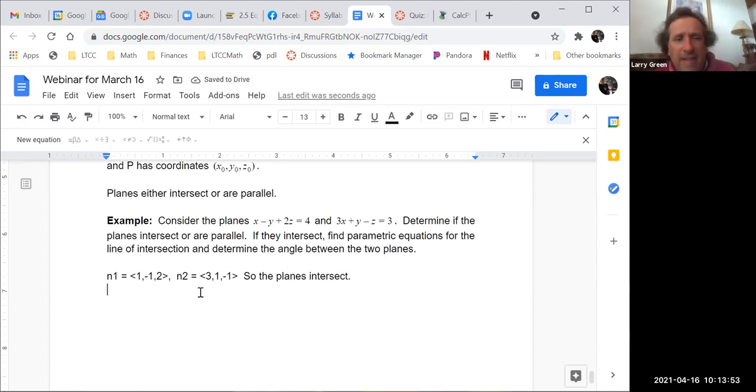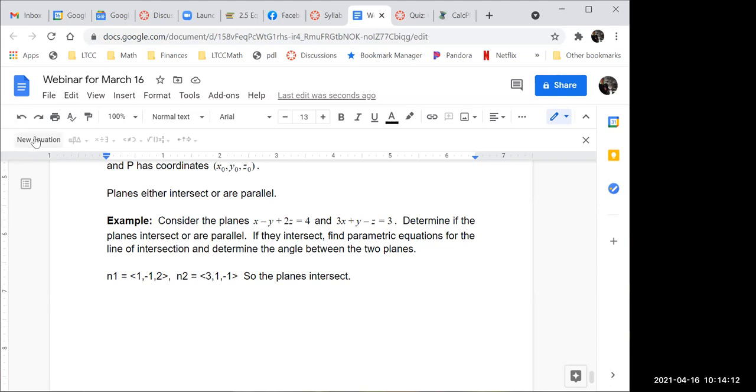Okay, how do we find the angle between the two planes? Any thoughts? Hint, n1 is this vector, n2 is that vector. So how do we find the angle between the two planes? You take the arc cosine of the dot product over the magnitude. Exactly.